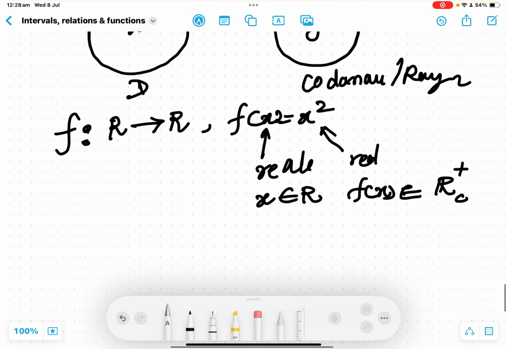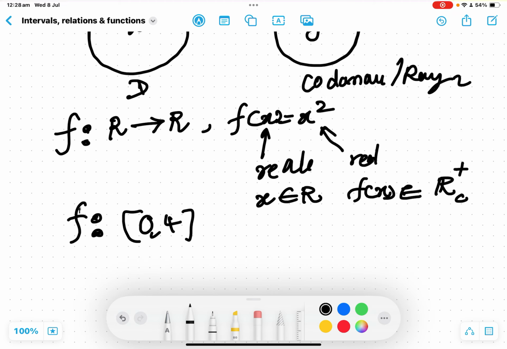Or else we can say there's a function f and it is defined from the closed interval 0 to 4 to R, and the equation of the function f of x equals 2x minus 1, etc.